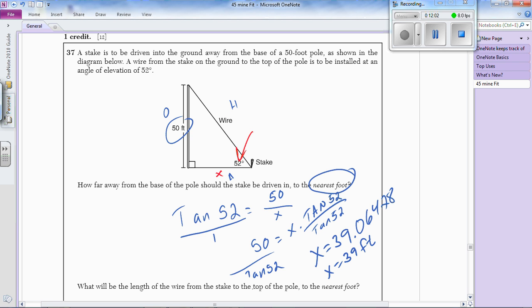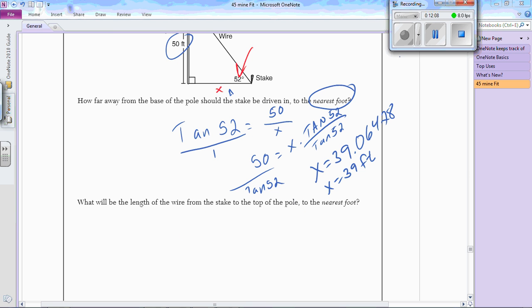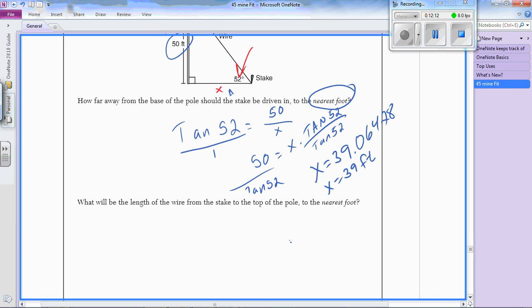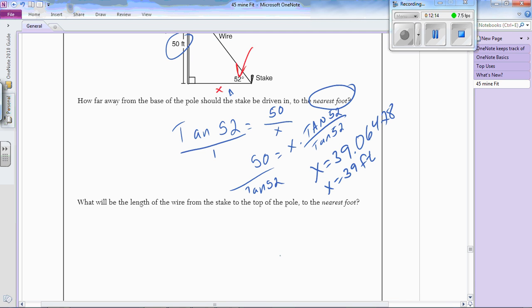What will the length of the wire be from the stake to the top of the pole? All right, little pause. So we're going to find y now. y is the hypotenuse. We still have the opposite, so opposite and hypotenuse is sine.